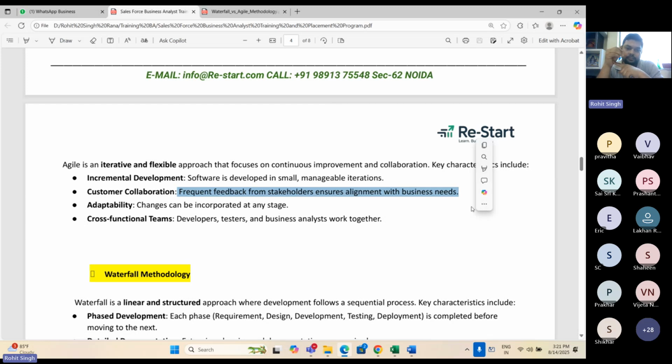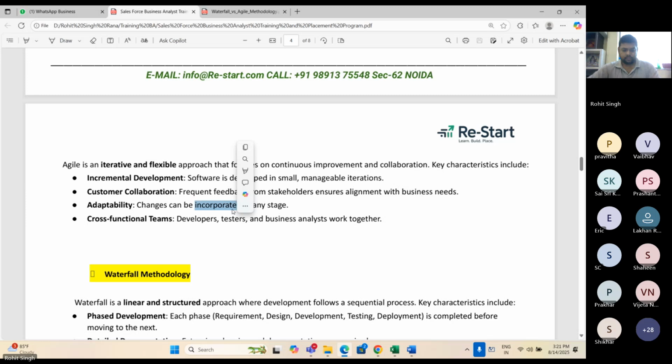Clients give us enhancements, changes, issues, escalations, and we connect with the client. And of course, during sprint demo or user acceptance testing, we connect with the client. So it's customer collaboration. Adaptability, of course: we entertain changes, we evolve, we enhance, and we incorporate.